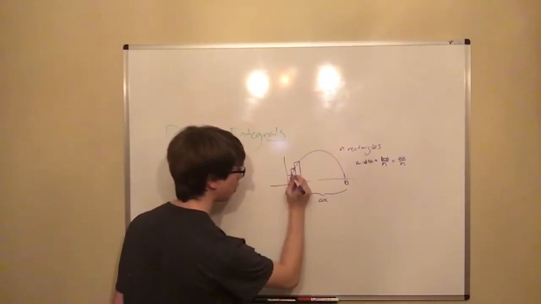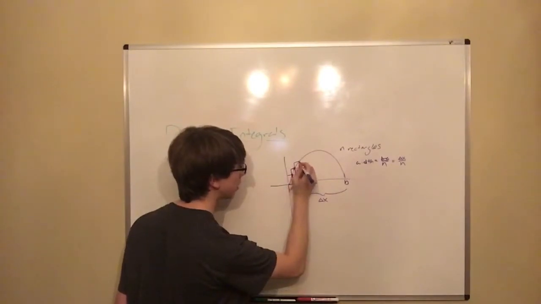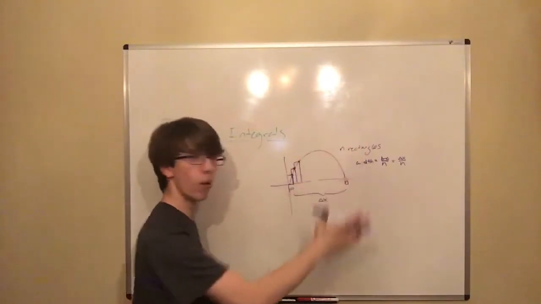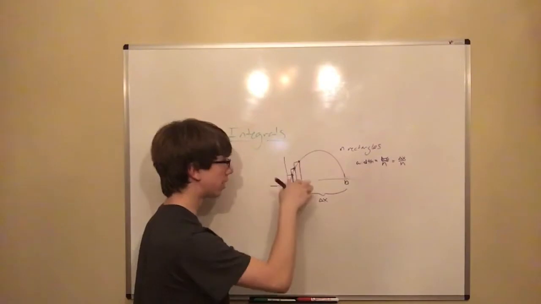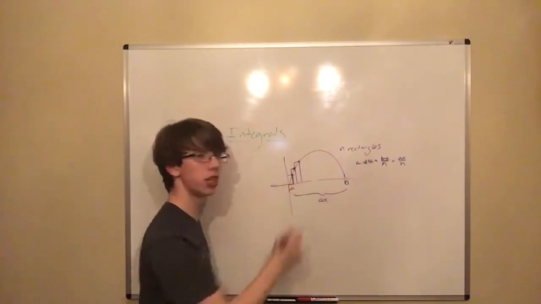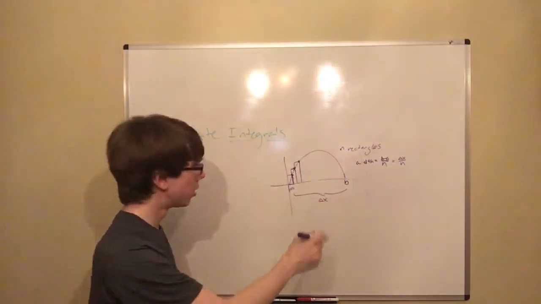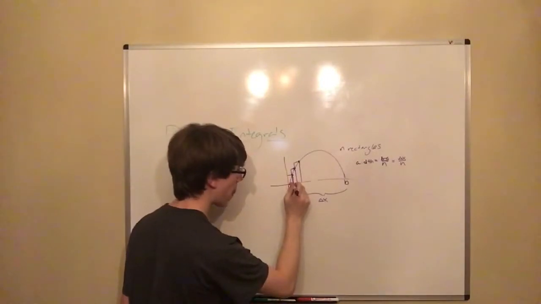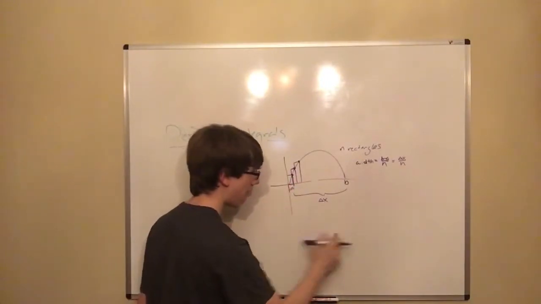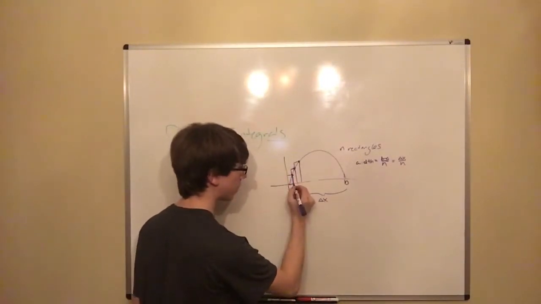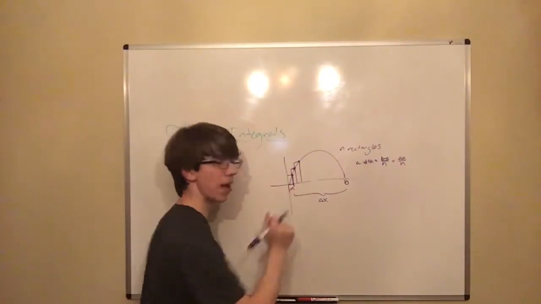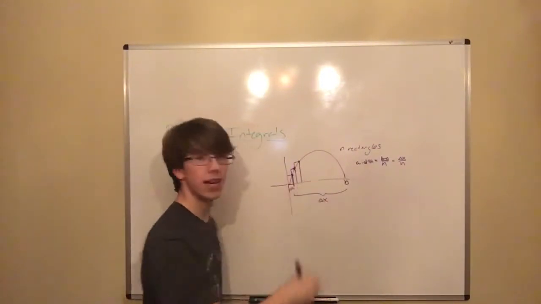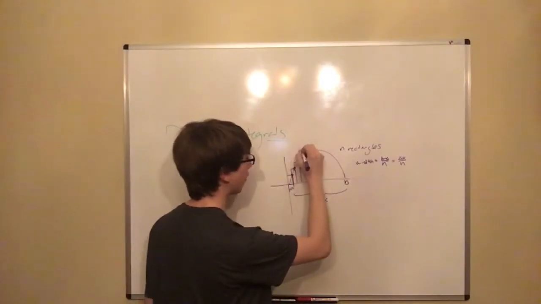Well, since each of these rectangles is touching on the right point, each top right vertex is touching this curve. So this first rectangle would be a plus the width, and then the height is f of x.